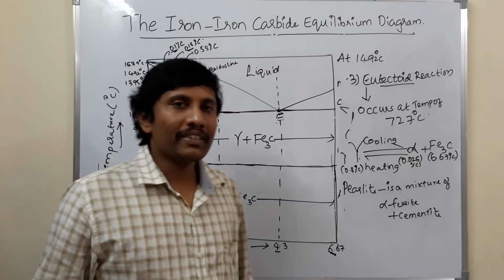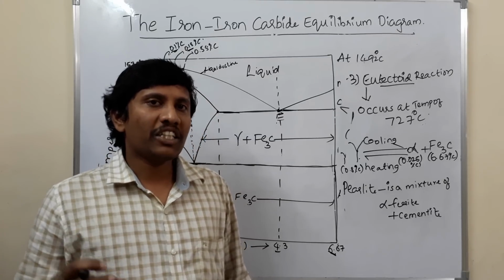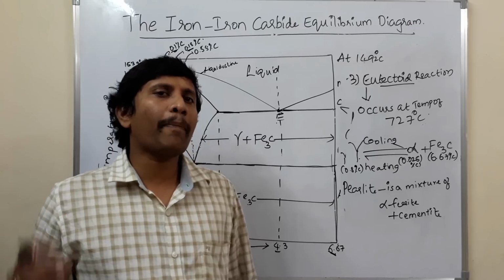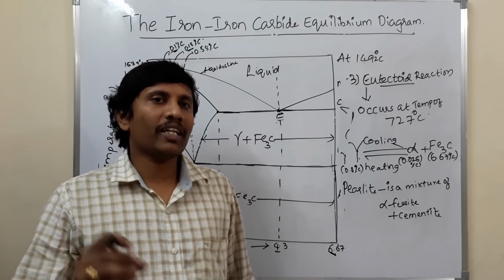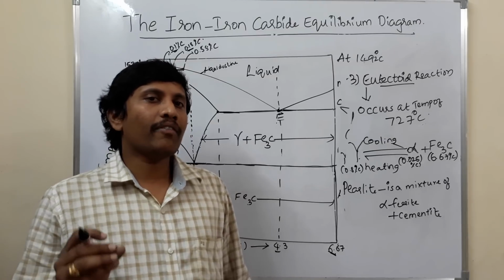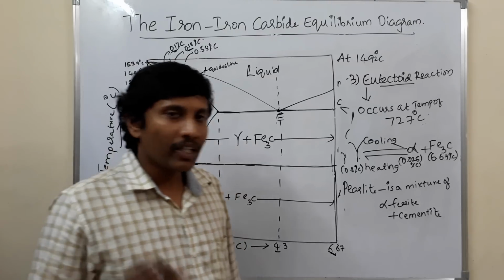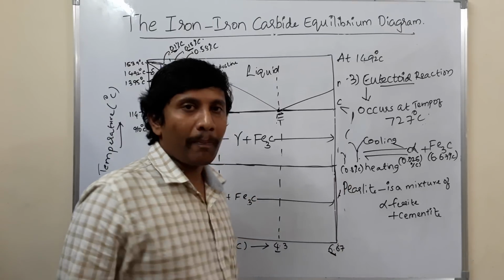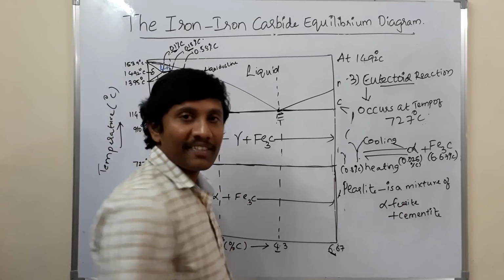Generally, steel is used for most applications. After concrete, steel is the most widely used material. Why? Look at the pearlite phase, a mixture of ferrite and cementite.